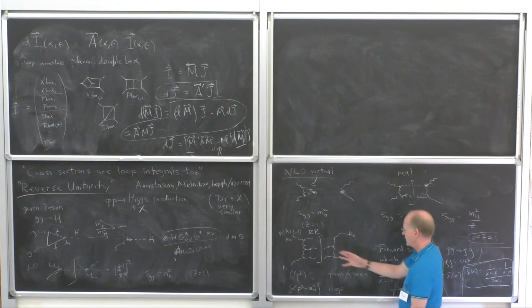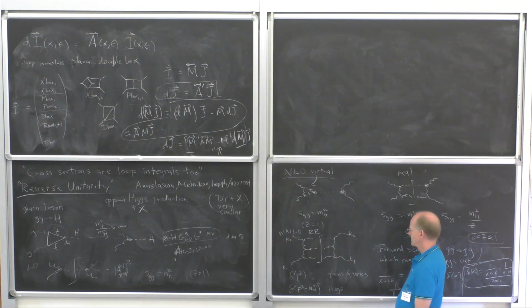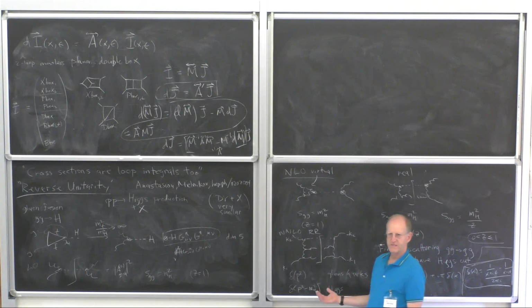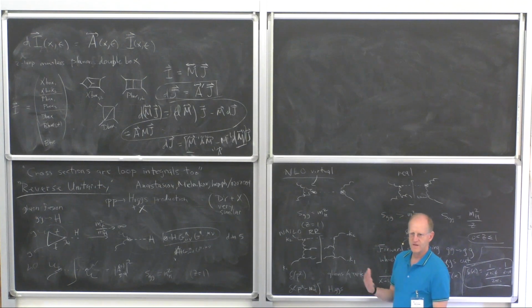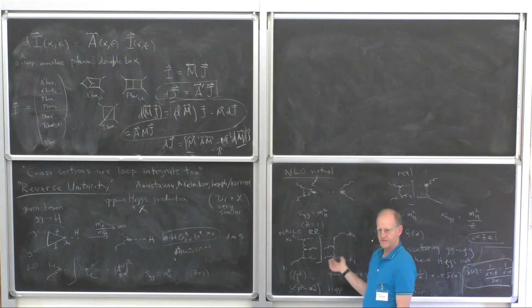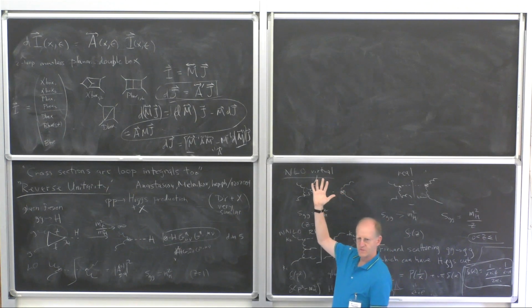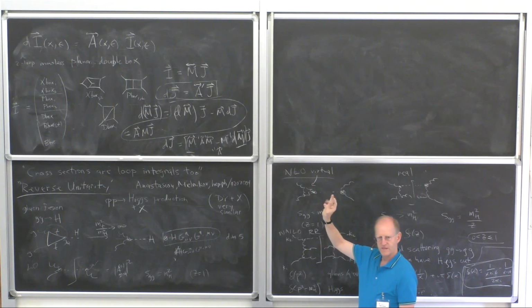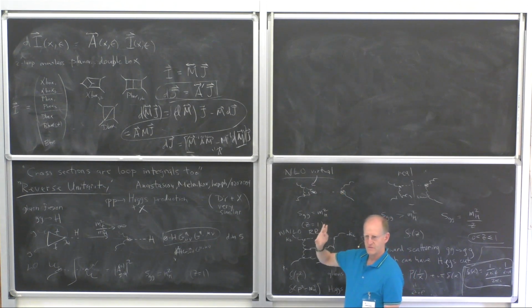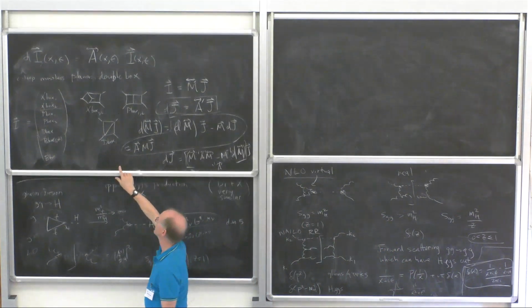So you can reduce these integrals down in the same way that we discussed. But in some sense, it's even easier because a lot of boundaries vanish. So you consider these integrals with general powers for the propagators. But like in that double box example we had before, when we set some propagators to 0, we collapsed them down to smaller topologies.